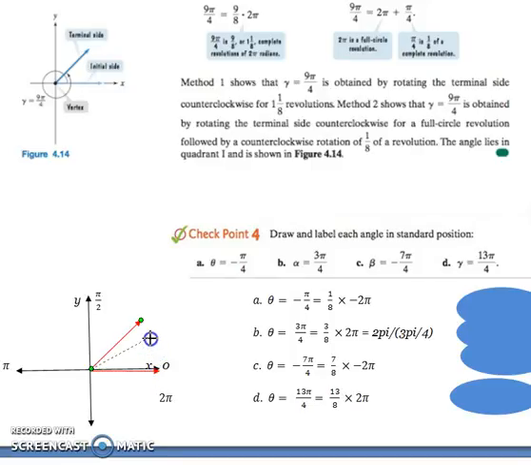So that's 8, 9, 10, 11, 12, 13. That would be 13 pi over 4. So you can actually subtract the 2 pi from 13 pi over 4, leaving 5 pi over 4, which is exactly the same thing, because you'd be going 1, 2, 3, 4, 5.